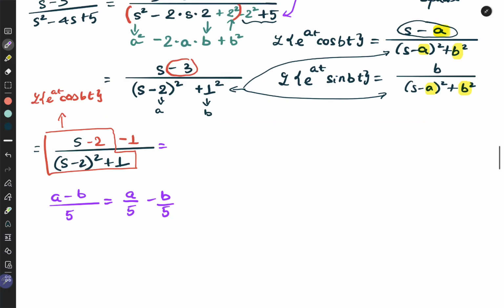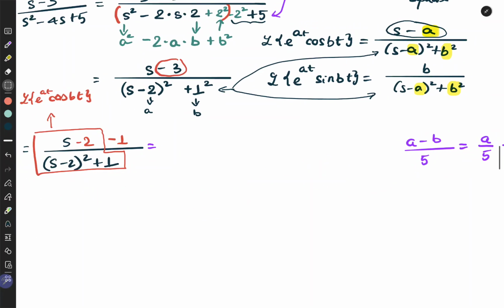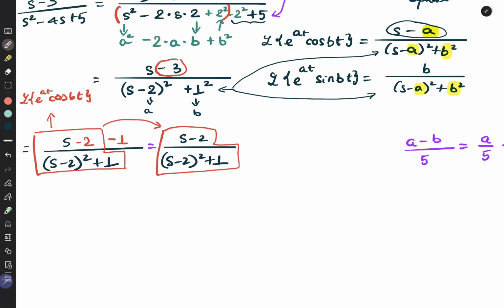So I'm going to have (s minus 2) over ((s minus 2) squared plus 1), which is the red box. At the same time, I split that negative 1 over (s minus 2) squared plus 1.